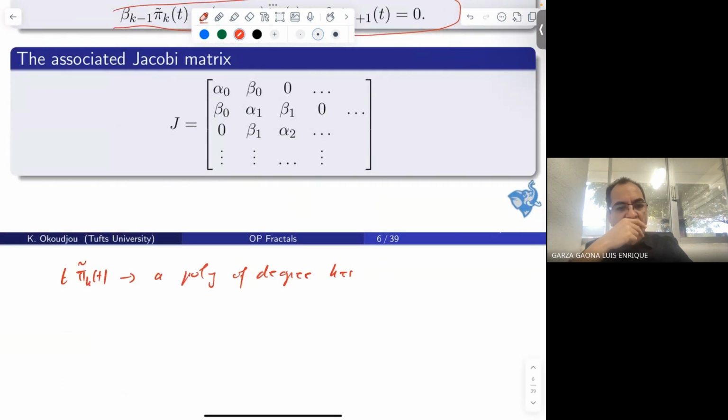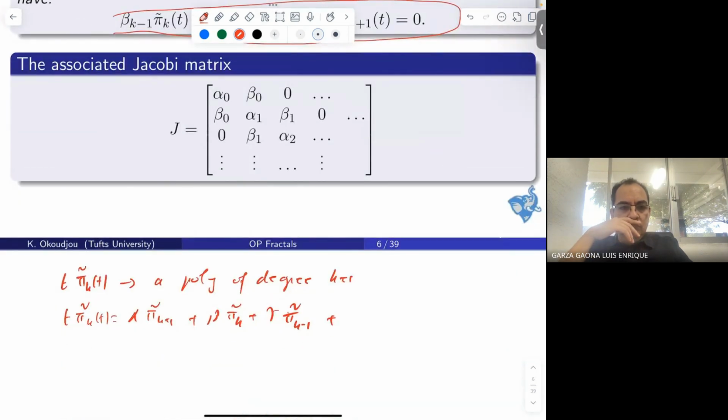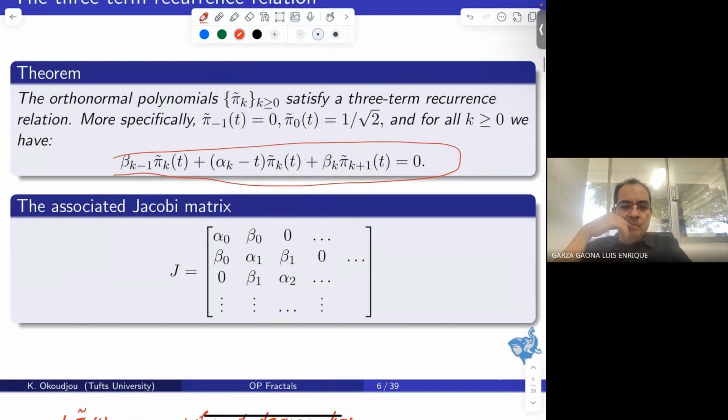And because you can expand it into an orthonormal basis, you just write t pi tilde k of t as maybe some alpha pi tilde k plus 1 plus beta pi tilde k plus gamma pi tilde k minus 1 plus lower order. And the nice thing is if you compute the inner product of this with all the lower order, you get 0. So there is no lower order. And this gives you exactly the three-term recursion formula that I just wrote over here. So that's essentially how you get the three-term recursion formula.